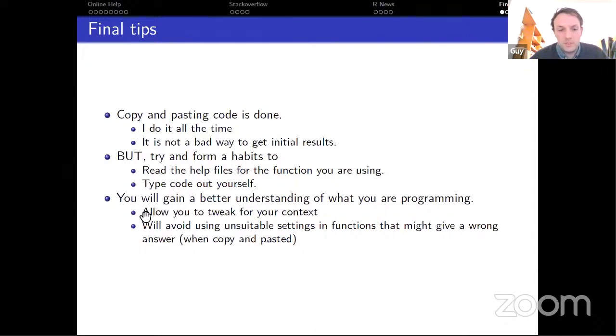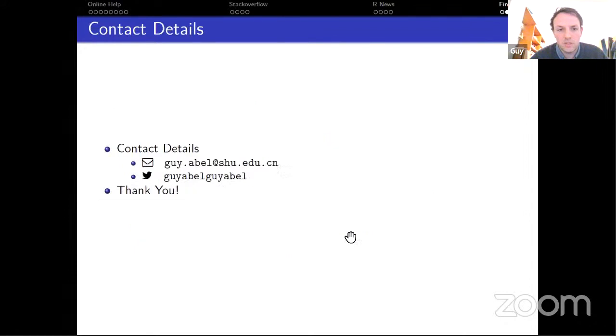So just this last point, right? You might often have to tweak the code that you copy and paste, and you need to avoid using unsuitable settings or defaults in the functions that might give you the wrong answer when you copy and paste.